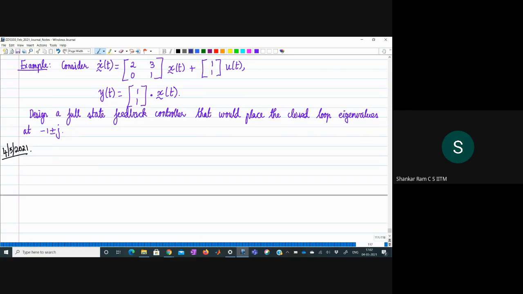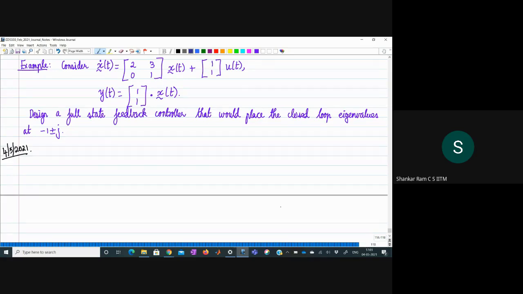We were considering this example, a single input, single output, second order LTI system. The task is to design a full state feedback controller for this system, such that the eigenvalues of the closed loop state matrix are placed at -1 plus or minus j. That is the problem that has been given to us.